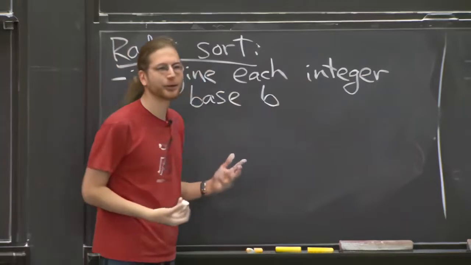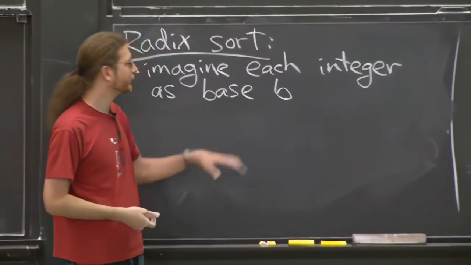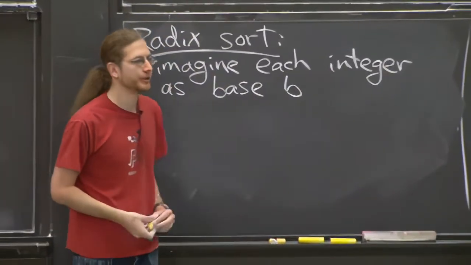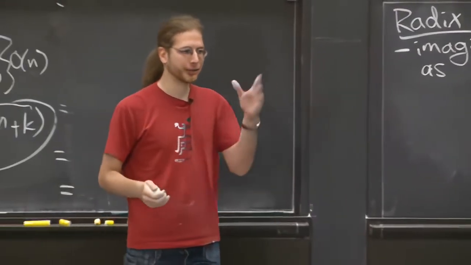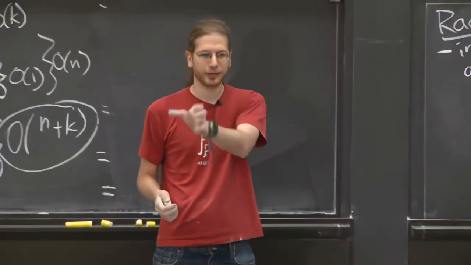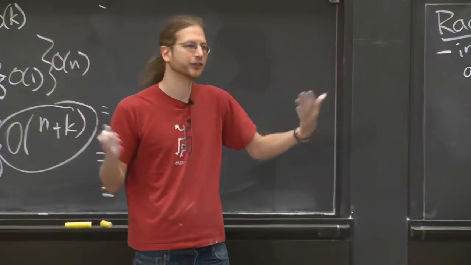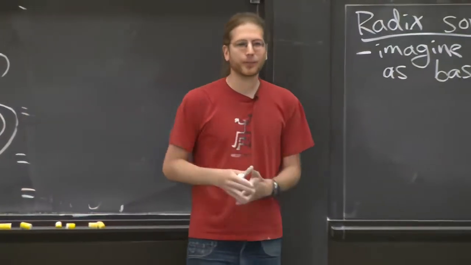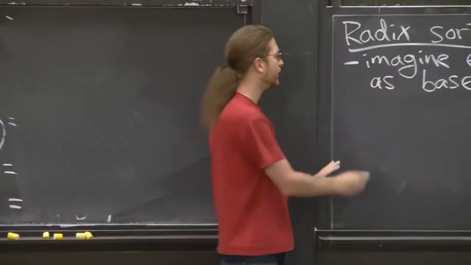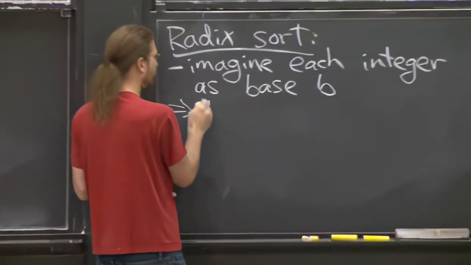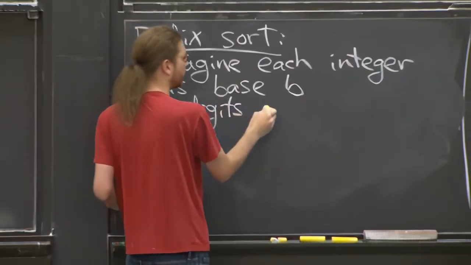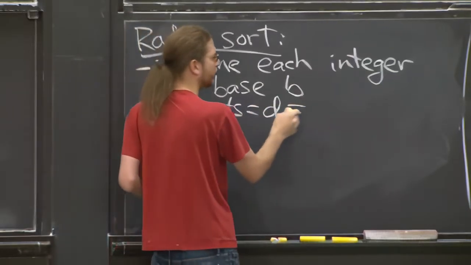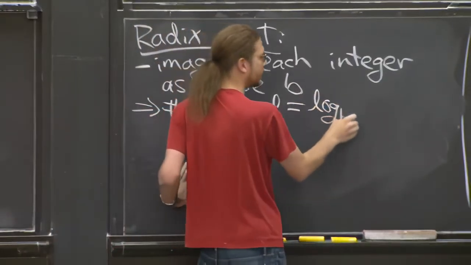Well, the way we normally write down numbers, except not necessarily in decimal, in some arbitrary base b. So when I say an integer in base b, well, then there's the least significant digit, and then the next one, and the next one, and the next one, some sequence of digits. And if I know that the maximum value is k, I know that the number of digits, which I'm going to call, for each number, d, is just log base b of k.